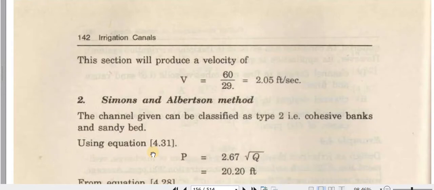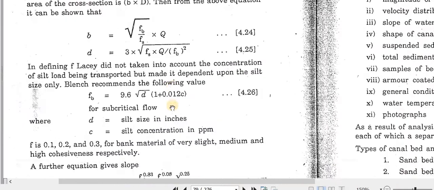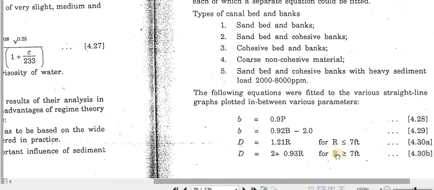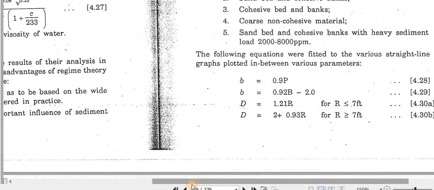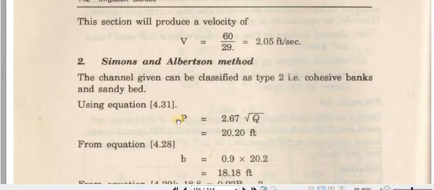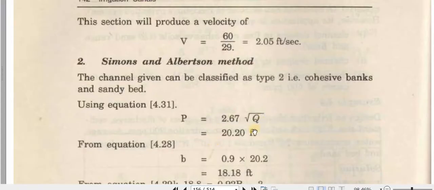And the second approach is the Simons and Albertson approach, and we will see this approach. This is the approach, and these are the equations of Simons and Albertson. First of all we will calculate P using this equation.